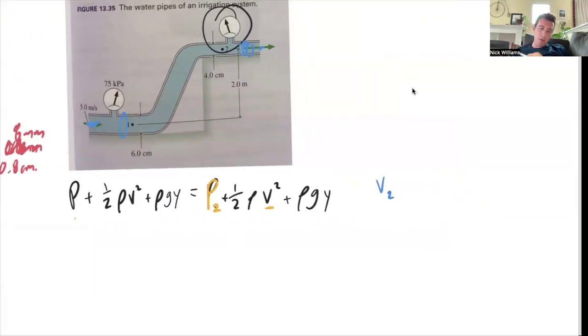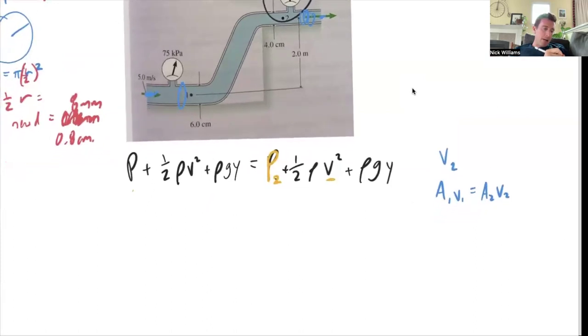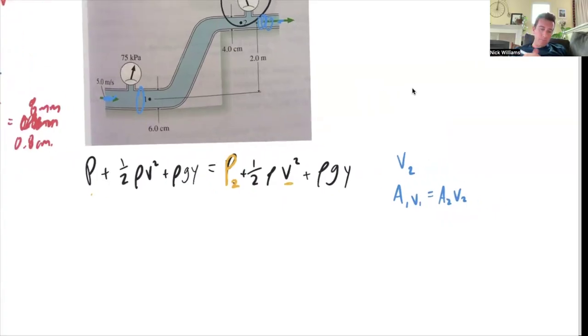So I'm going to do area one, velocity one equals area two, velocity two. My area here is going to be pi r squared. So pi times 6 squared times 5 meters per second equals, up here is 4 pi times 4 squared times v2.